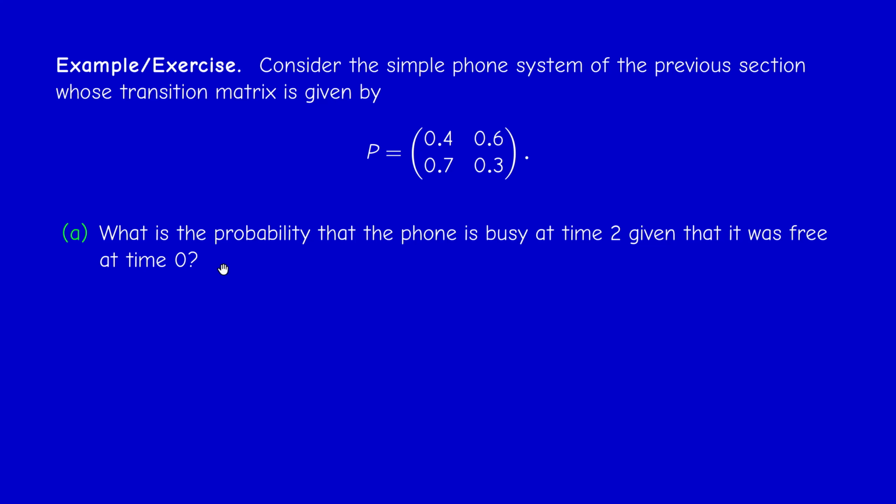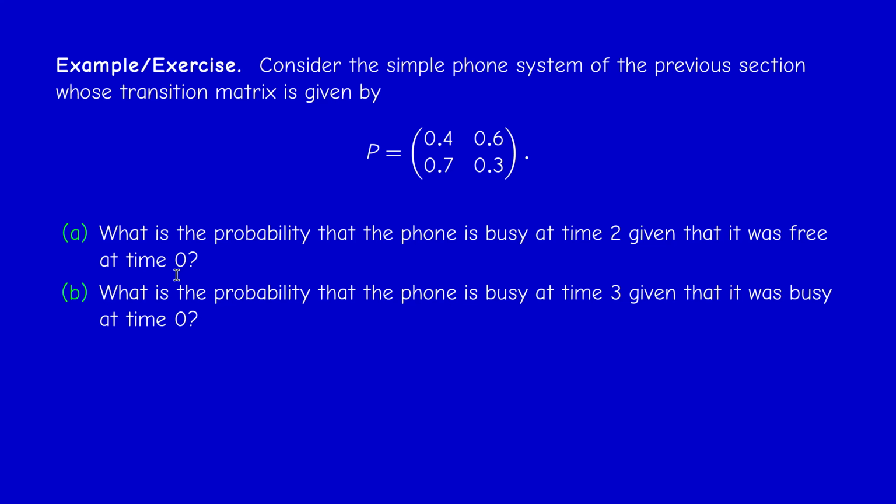The first question is, what is the probability that the phone is busy at time n equal 2 given that it was free at time n equals 0? Second question, what is the probability that the phone is busy at time 3 given that it was busy at time 0? So these are two conditional probabilities.